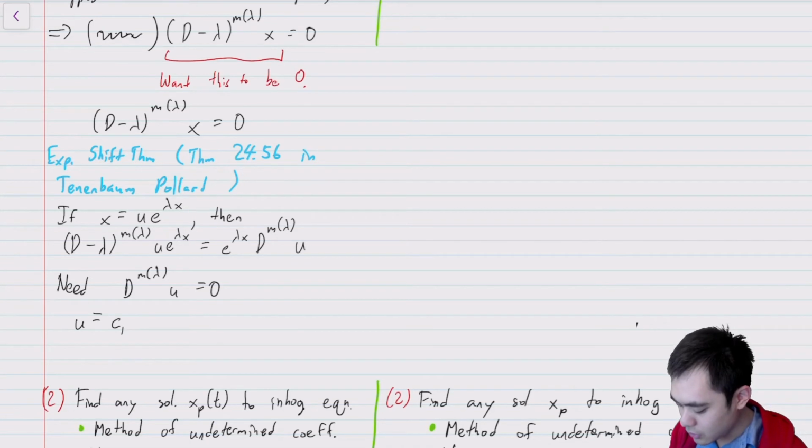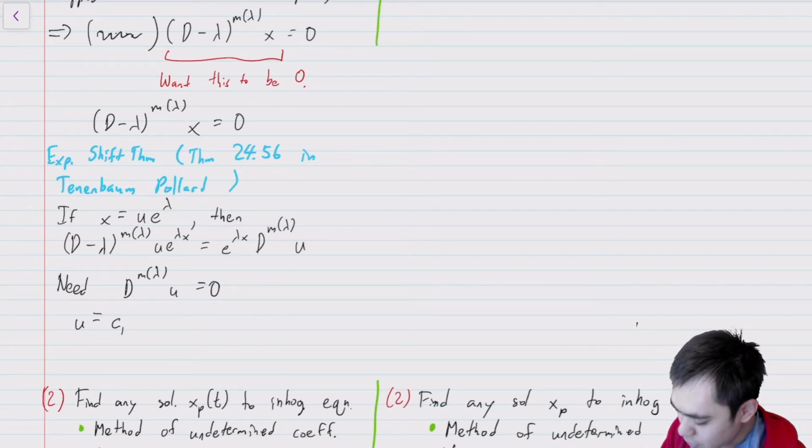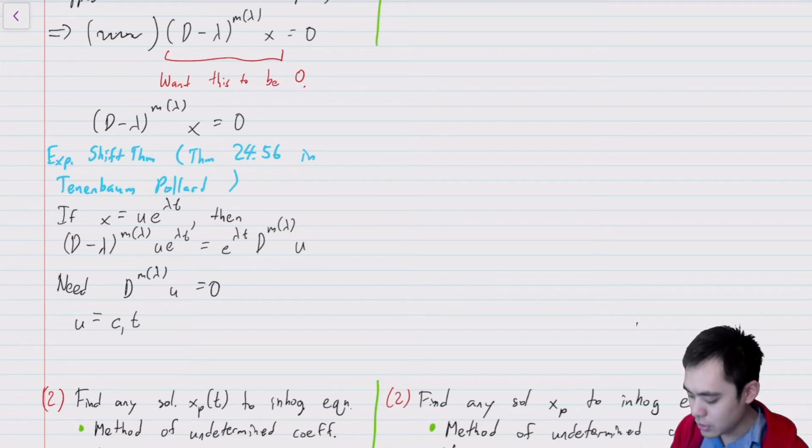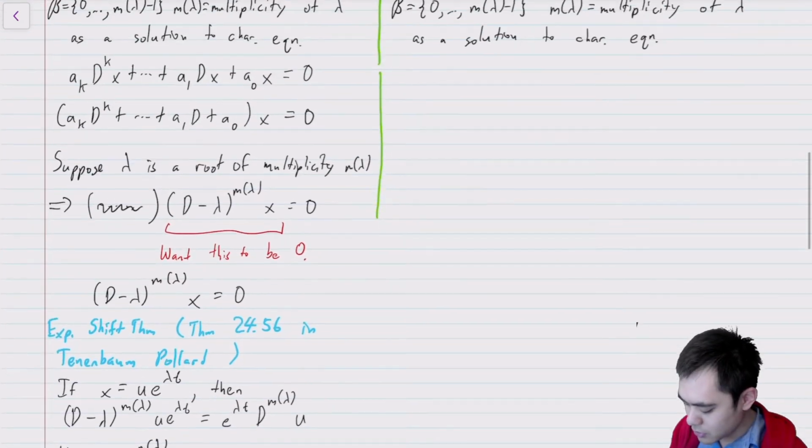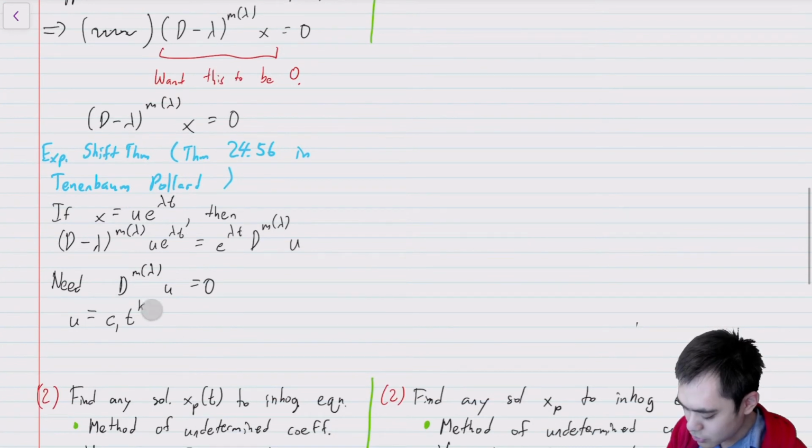And here, oh sorry, that should be lambda t, not lambda x, because I'm using the wrong variables. Lambda t. So let's say this is c1 t to the k minus 1. Actually, no, that shouldn't be k.